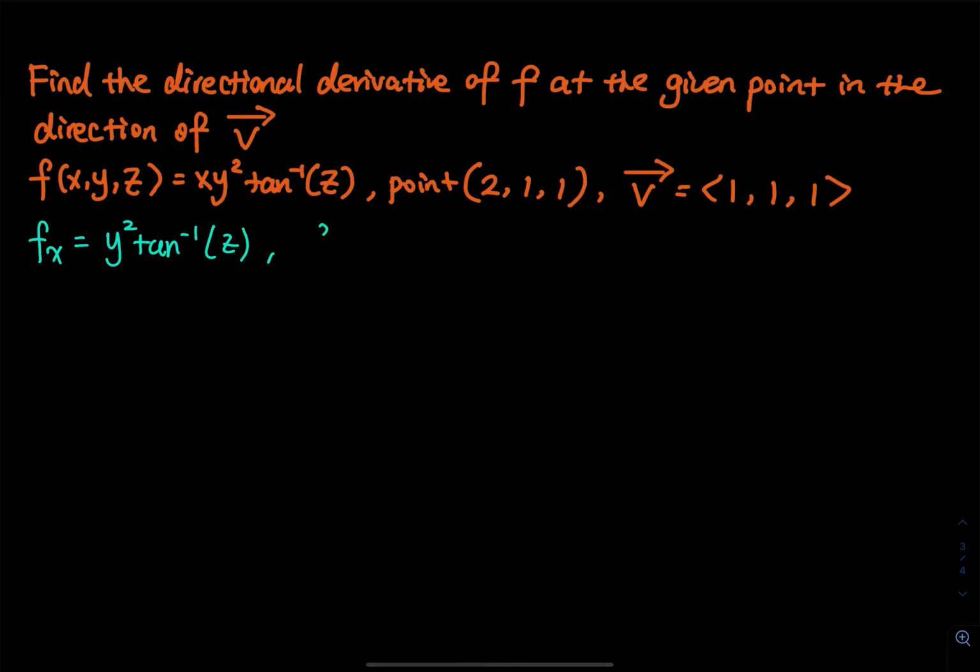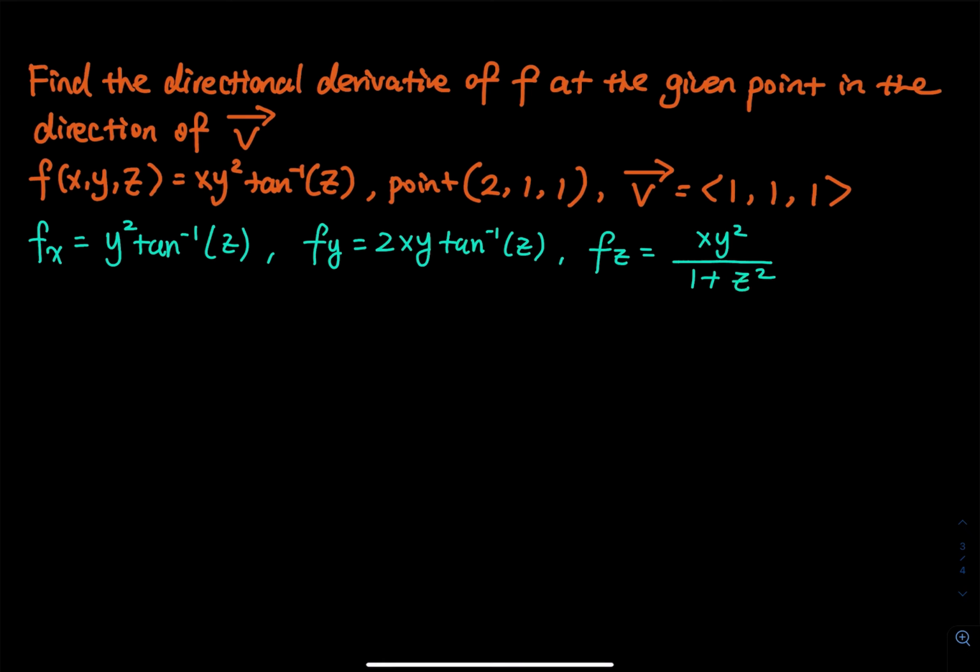And then the partial derivative with respect to y is 2xy, right? You bring the 2 down, and then the x and the inverse tangent stay. The derivative with respect to z: the xy squared stays, and the derivative of inverse tangent z is 1 over 1 plus the square of what is inside the parenthesis, which is z squared.